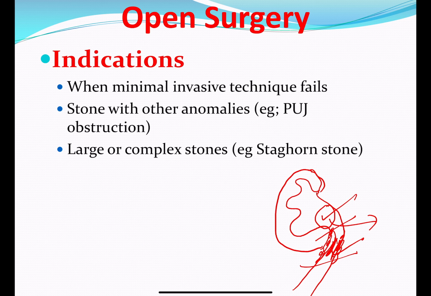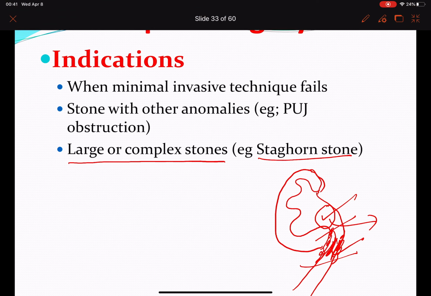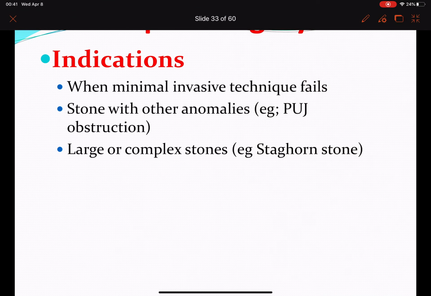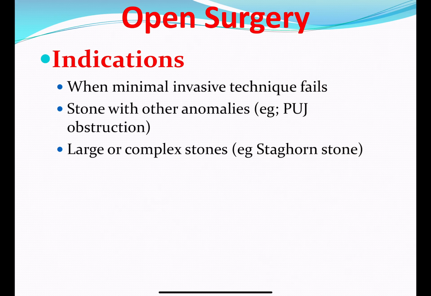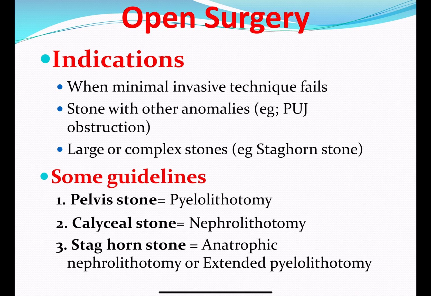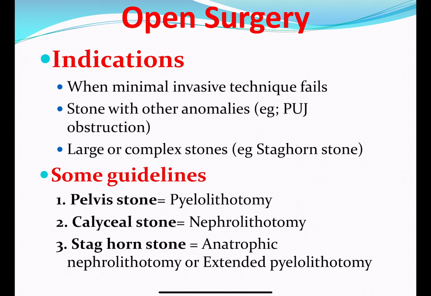You can do that in open surgery. And for large, very complex stones like staghorn stones, we can do open surgery. Also for other smaller stones where minimally invasive techniques fail, or where minimally invasive surgery is lacking, we can go for open surgery. So if the stone is in the pelvis, the kidney pelvis, then we do pyelolithotomy.